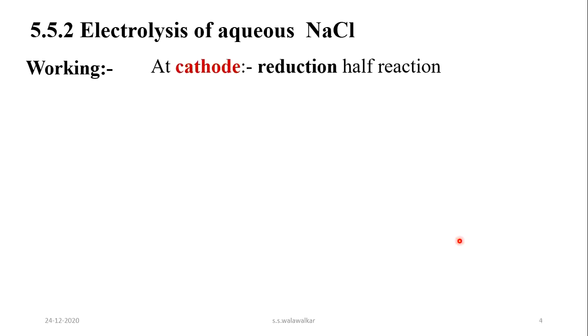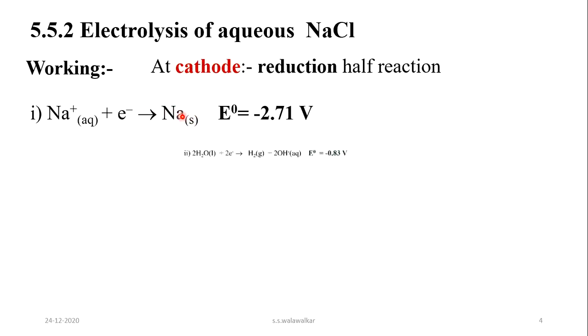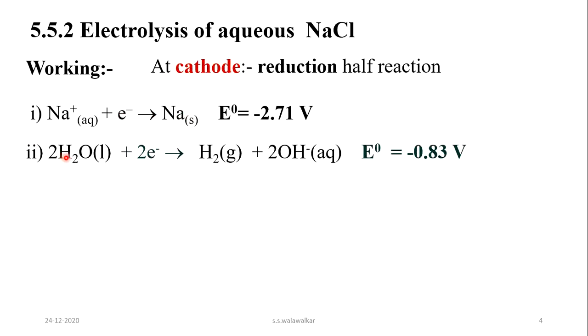See here. At the cathode, that is the negative electrode, reduction takes place. You know that reduction means gain of electrons. Sodium ions migrate towards the negatively charged electrode, where they gain electrons, get discharged and deposited, forming sodium metal. And water contains hydrogen ions.